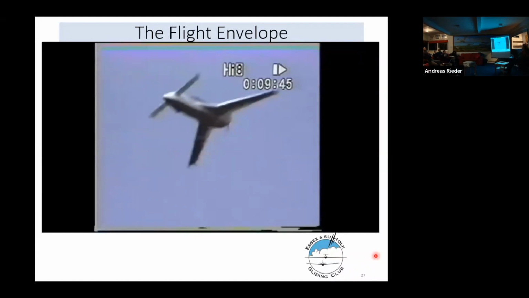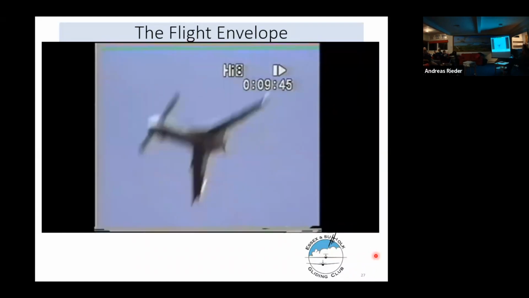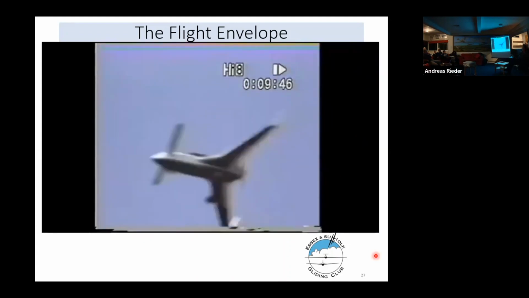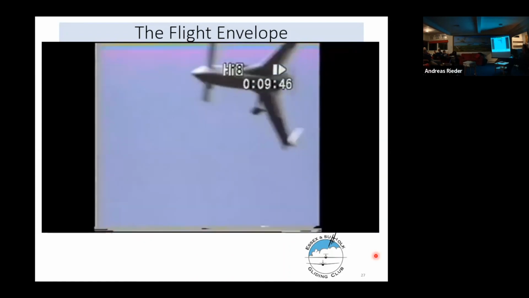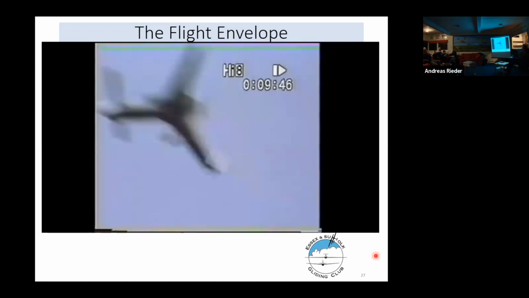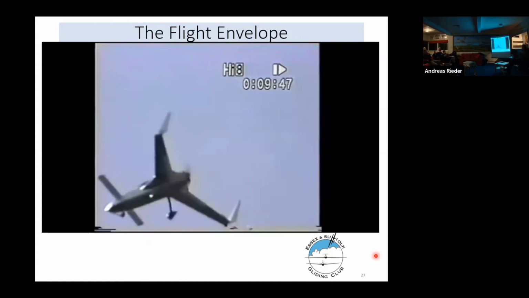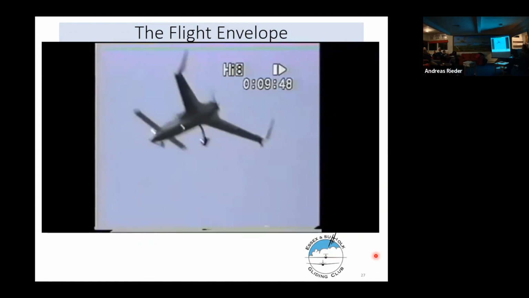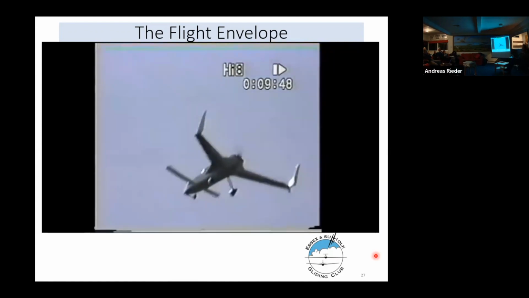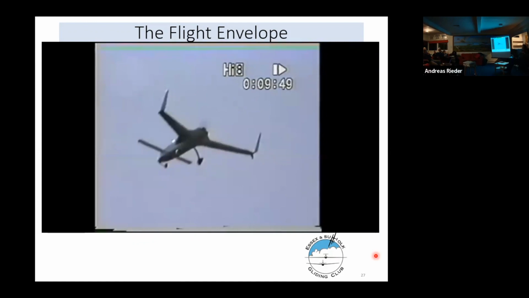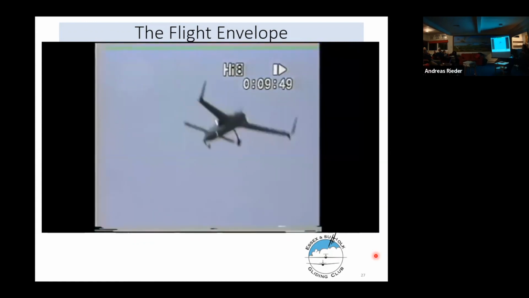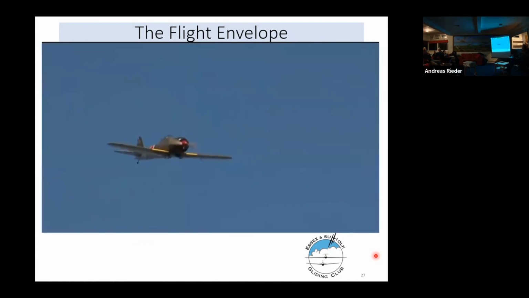You can just see the canard at the front oscillating there. I think the next couple are a couple of model aircraft, but they show the same effects.